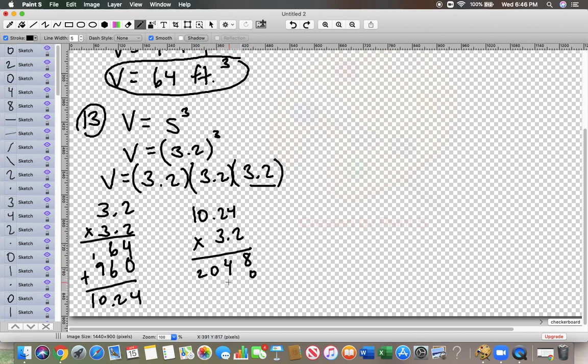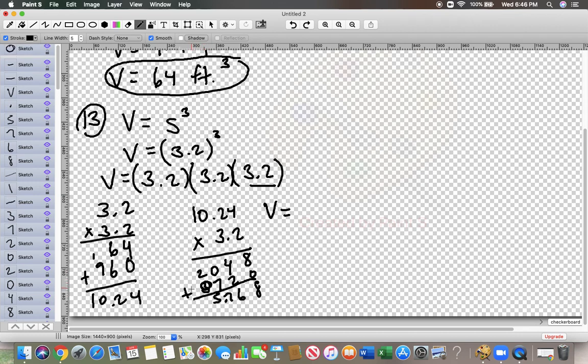And here we go. That's 12, 6, 7. Carry 3 decimal places. So therefore, the volume of this cube is going to be, let's see here. Oh, I messed up somewhere. 3 times 4 is 12, 6, 7, 0.